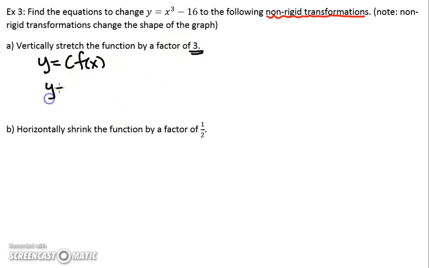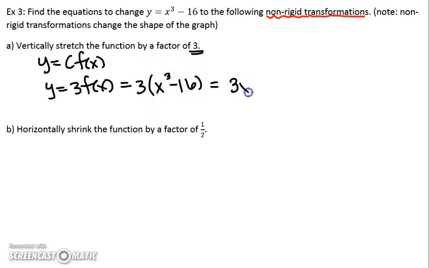So we're looking at y equals 3 times f of x, which is 3 times x cubed minus 16. And you could technically stop there. You wouldn't have to distribute to be technically correct, but let's go ahead. It's not going to be that big of a deal. So 3x cubed minus 48 would be our vertical stretch of factor 3.